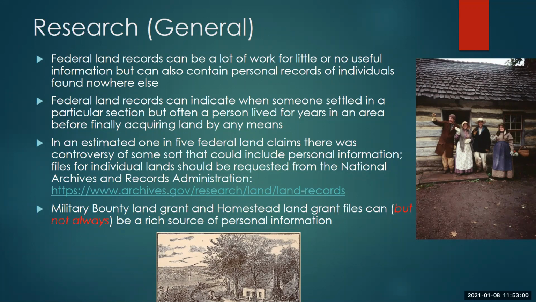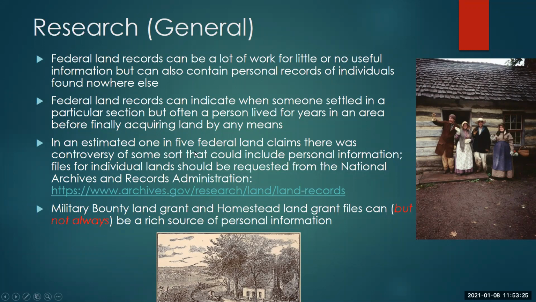They could have lived in the area for a very long time before they finally went down to the land office and bought land, or they went to the courthouse and bought land from someone who already owned land. But our pioneer ancestors, they could have lived in an area for a very long time before they acquired the land by any means.